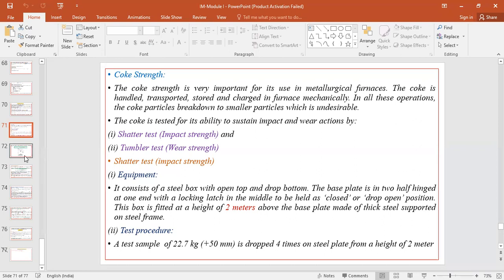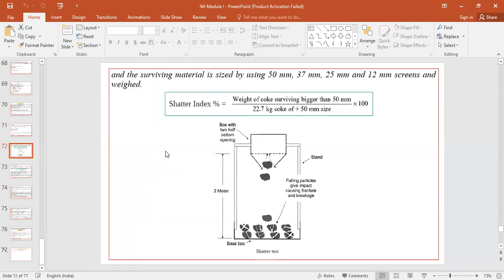You can see this entire setup in this picture. This is the box, and these are the openings. Initially, when you are filling coke, it will be in a closed condition. These two halves will be closed. But when you release it, this will open, and the coke will fall down from a height of around 2 meters. And at the bottom, you have a collecting tray.